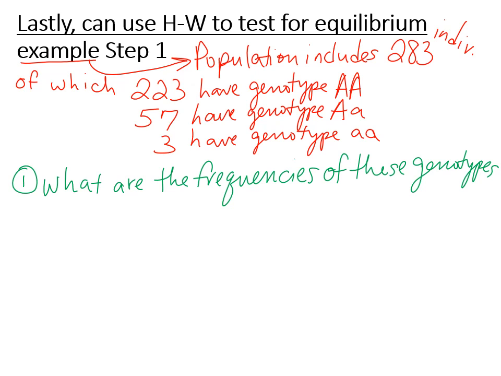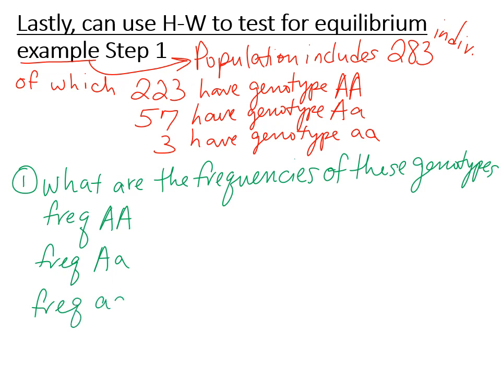The genotype frequencies mean we need the frequency of capital A capital A, the frequency of capital A lowercase a, and the frequency of lowercase a lowercase a. What do you know about the homozygous dominant? We said 223 out of 283 have that genotype.